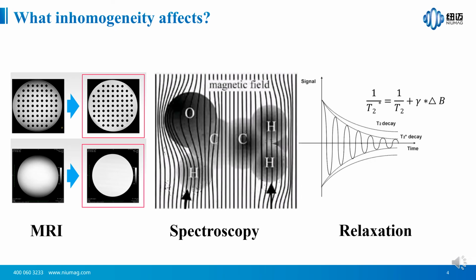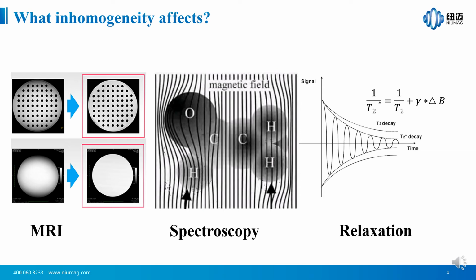The third one is relaxation analysis. Relaxation analysis mainly studies samples based on the speed of the relaxation time. The homogeneity of the magnetic field will affect the speed of the signal attenuation.